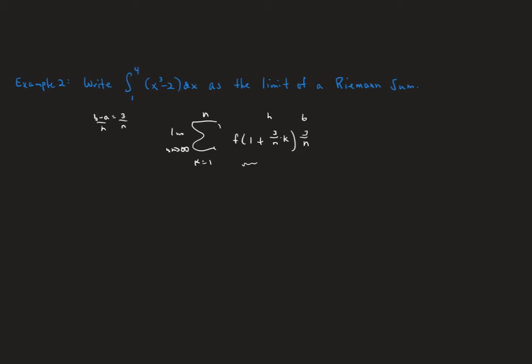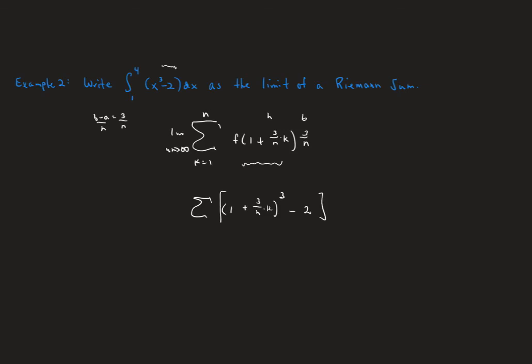So our function is this function right here. And so we can write that as the summation of 1 plus our 3 over n times k, to the third, and that's our cube part, minus 2.